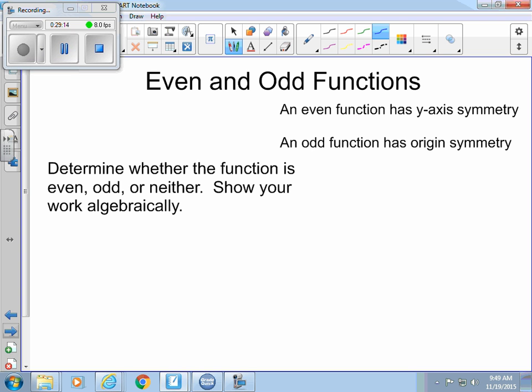Determine whether the function is even, odd, or neither is really asking, does it have y-axis symmetry, origin symmetry, or neither? So when you read that question, it's essentially the exact same question we answered on the last slide.